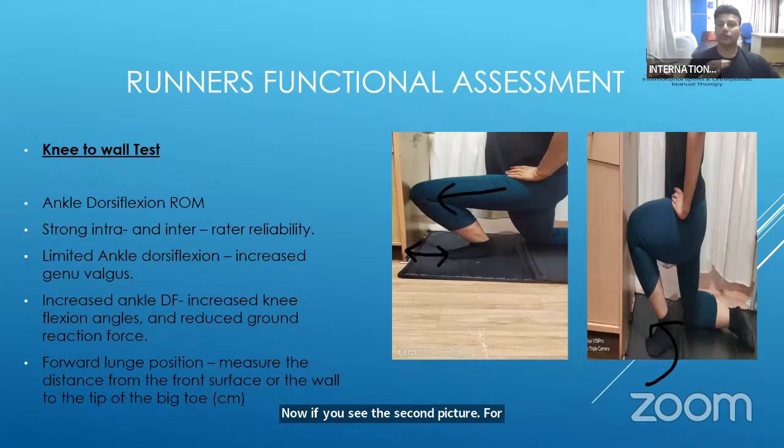So I tell the patient to stop, because I ask the patient to go back forward and then try to touch the knee to the table. And then in that case, her heel started lifting, and I said, please stop. So the heel should not lift, and that will show me a proper ankle dorsiflexion range, okay.